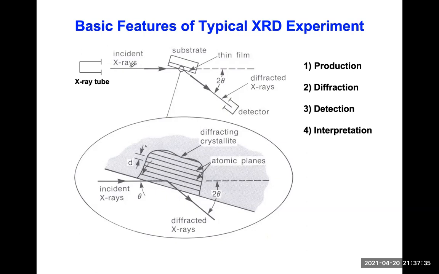We send those X-rays at something that we're trying to image this way, and we're looking at the angle at which there are maxima, maximally detected intensity.